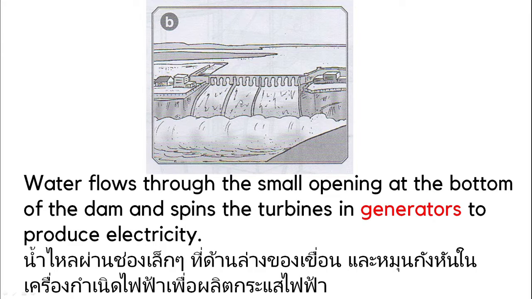So when they open the gate of the dam, running water from the river will go down and produce a huge amount of kinetic energy. So it will spin the turbines in generators and then electricity is produced.